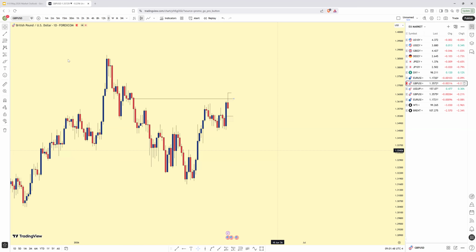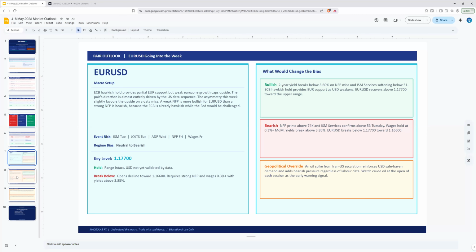So the market is rejecting that level into this resistance zone, which is around 1.3650.